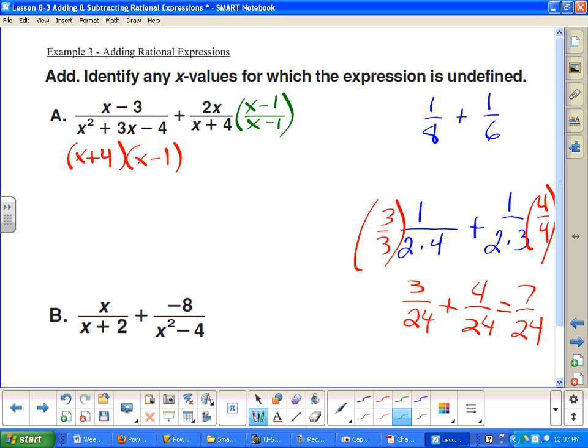Just like here, I changed the way 1/8 looked by multiplying it by 3 over 3, but in reality, it's now 3 over 24, but that's still 1/8, isn't it? So this is still 2x over x plus 4. I've just got this additional stuff. So my common denominator then is going to be x plus 4 times x minus 1.